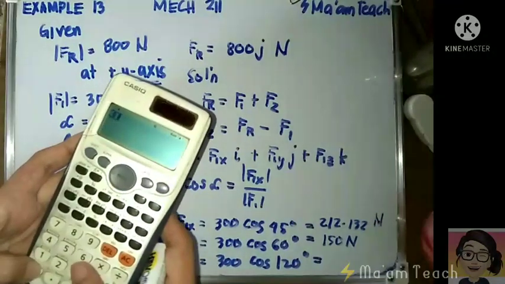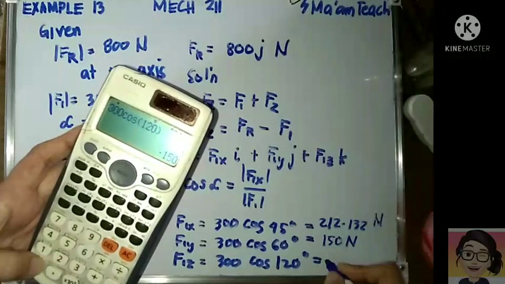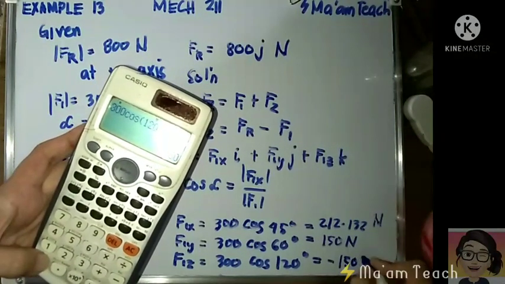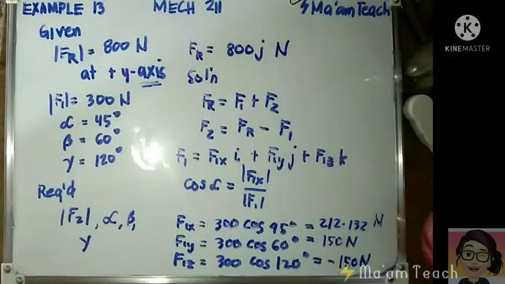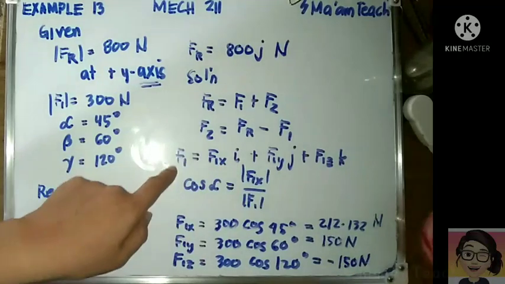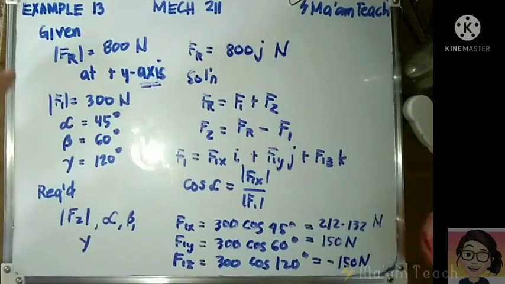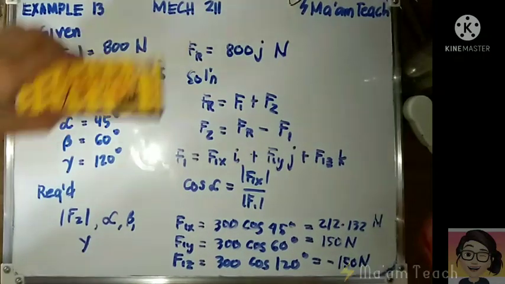And we also have 300 cosine 120, we have negative 150 newton. So, using these values, we will substitute it here so that our F sub 1 is expressed in Cartesian vector notation. So, may I erase this one? I'm going to erase this.